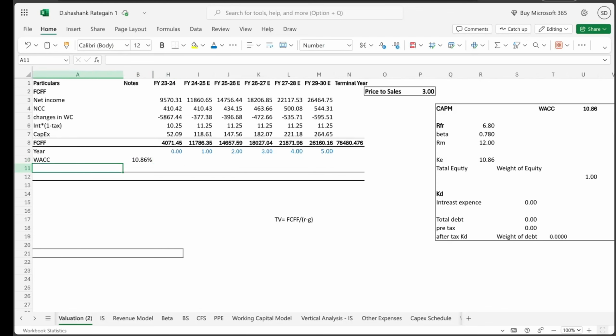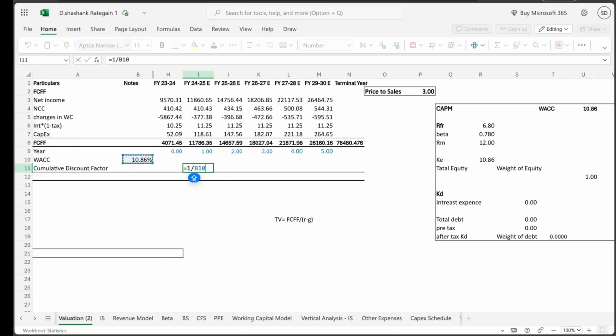So we have to derive a cumulative discounting factor, which will be 1 divided by 1 plus this number in bracket, to the power n.